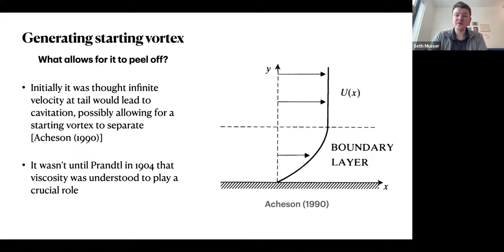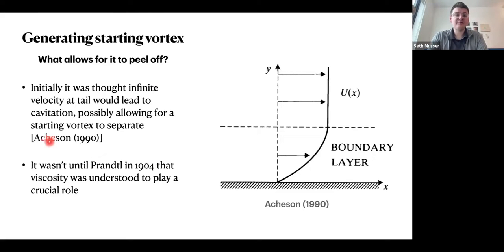But there was some interesting history that I was reading. It was actually thought initially that this infinite velocity around the tail when the circulation was 0 would lead to cavitation bubbles because the large velocity would lead to a negative pressure. And these cavitation bubbles could allow the vortex to separate.